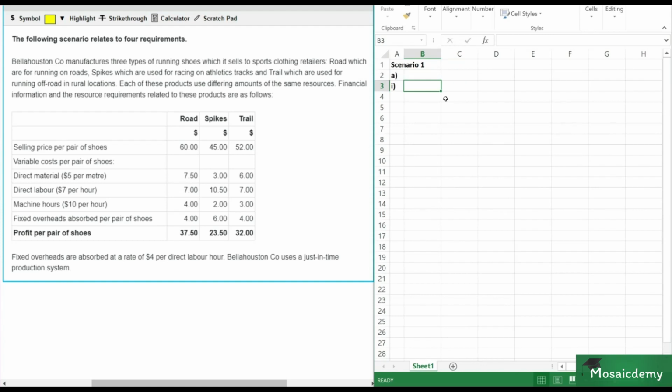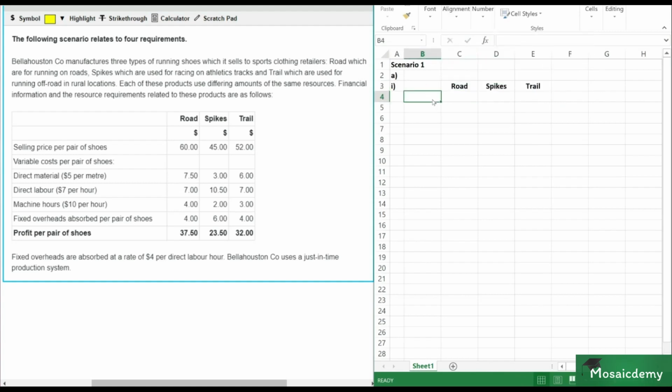So first we need to find the materials needed per pair for road, spikes, trails, and direct labor hours and machine hours. So we'll make a table. We have road, spikes, and trail. We'll make this bold as it's a heading and we'll align it towards the center.